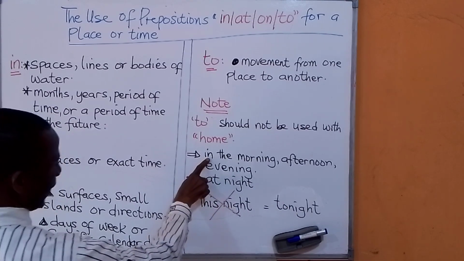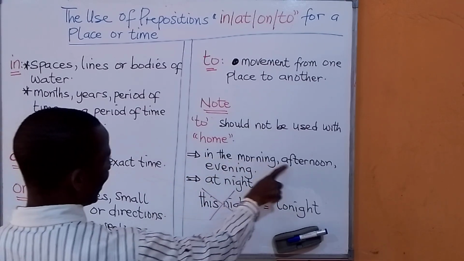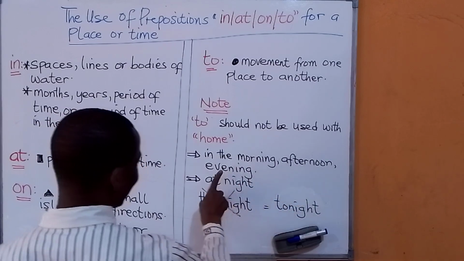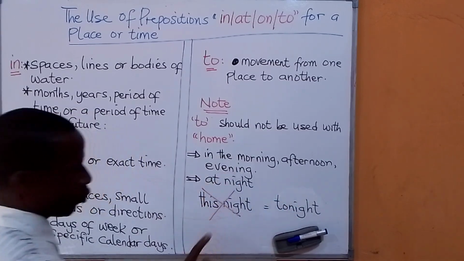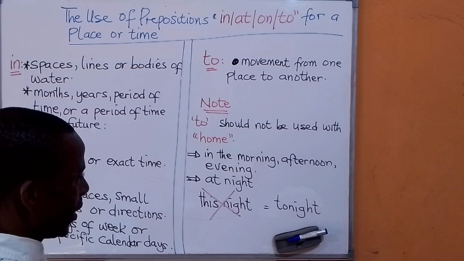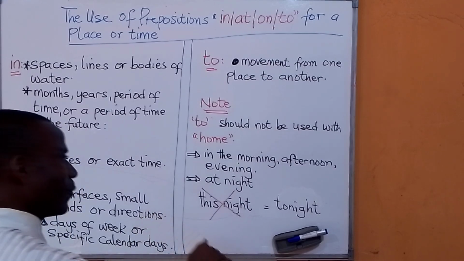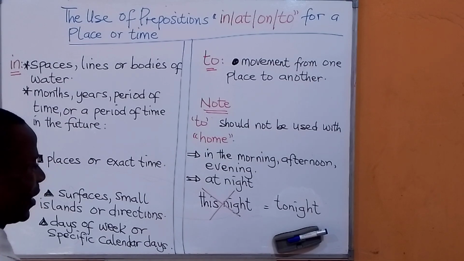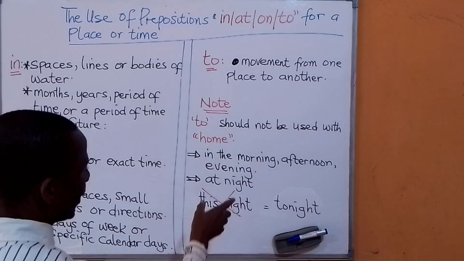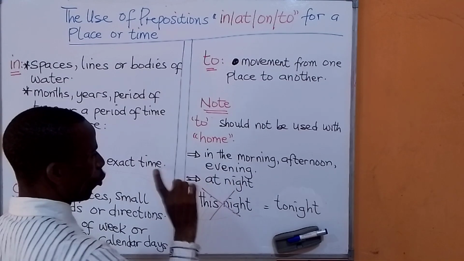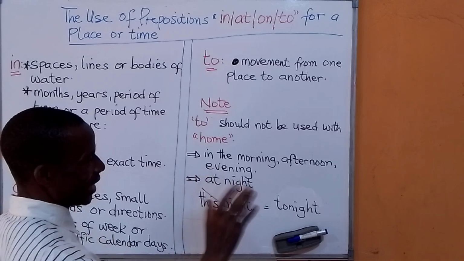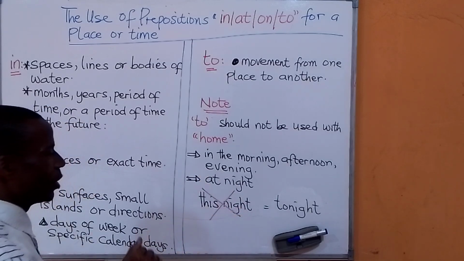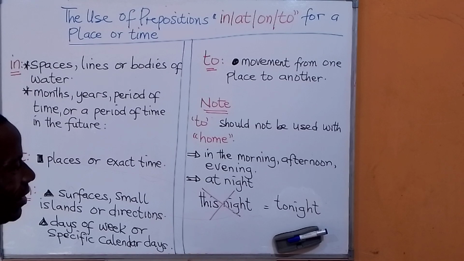Also note, we use in the morning, in the afternoon, in the evening. We are going to see in the morning. We want to do this in the afternoon. We are coming back in the evening. However, when it comes to night, we don't say in the night, we say at night. We are going to go there at night.